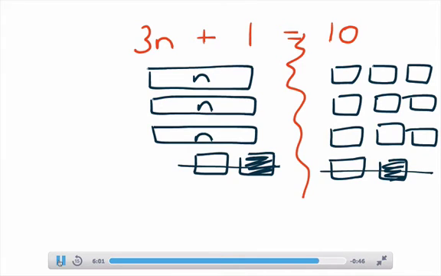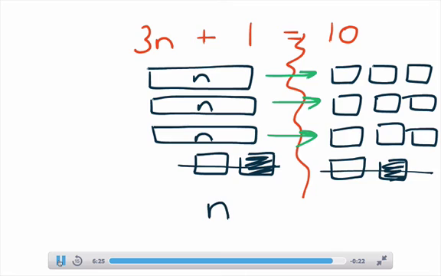Well, each n has to have the same amount of tiles to be able to figure out what one n equals. I've got 9 tiles left on the right hand side. You can see that these tiles have already been organized so that each n gets 3 tiles, or an equal amount of tiles. So if each n gets 3 tiles, we can say that one of them gets 3.